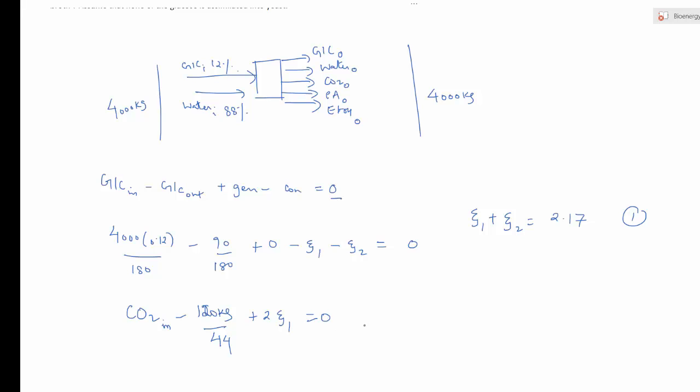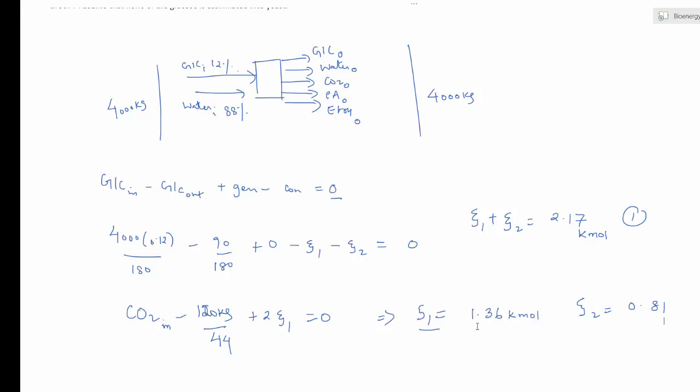This has to be equal to 0, and from which we can get Xi1 should be equal to 1.36 kilomoles, and these units are in kilomoles because we've got kilograms. So if you know Xi1, then we can calculate Xi2. That's going to be 2.17 minus 1.36. That's going to be 0.81. So we've got Xi1 and Xi2.